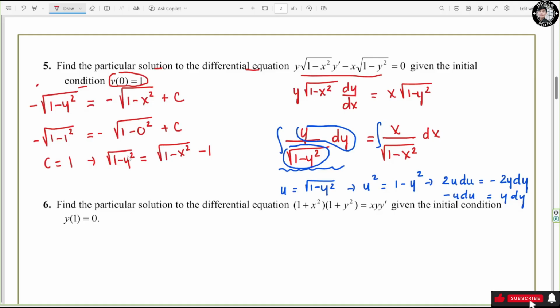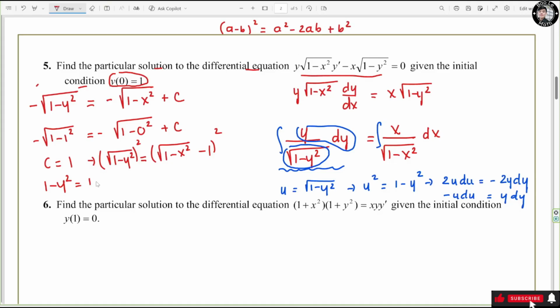To solve this one, I just square both sides. So I have 1 minus y squared equals this one squared. I just use the complete square formula for this one right here. Remember, the complete square formula is (a minus b) squared equals a squared minus 2ab plus b squared.